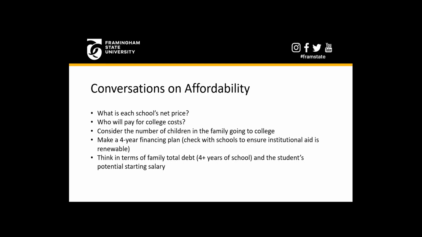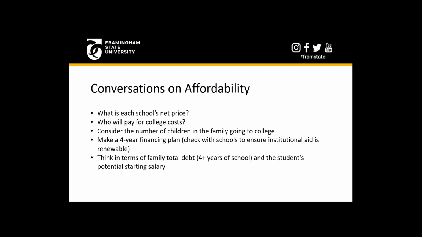You really want to think about this holistically and not just get through that first semester and figure out the rest later. So if this is your first child going to school and you have two more that'll be behind them shortly, if you do need to borrow, do you really want to take on that debt each year for each child?